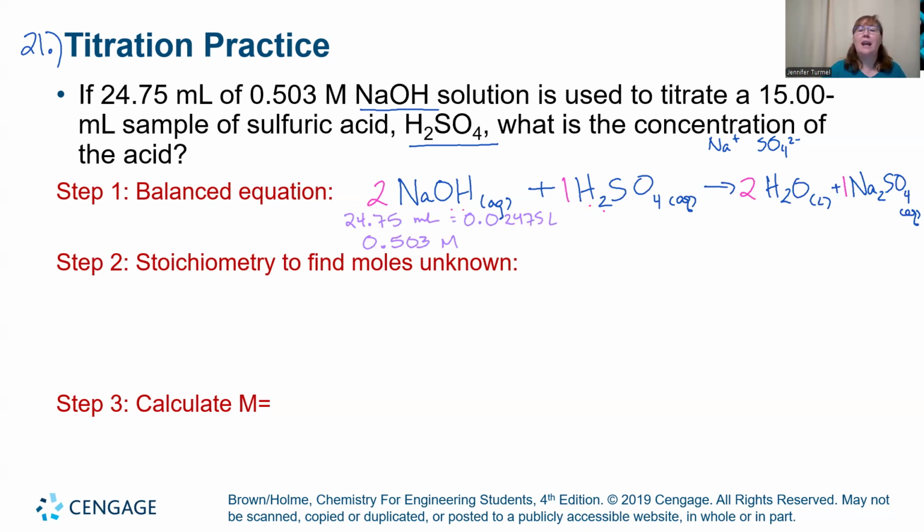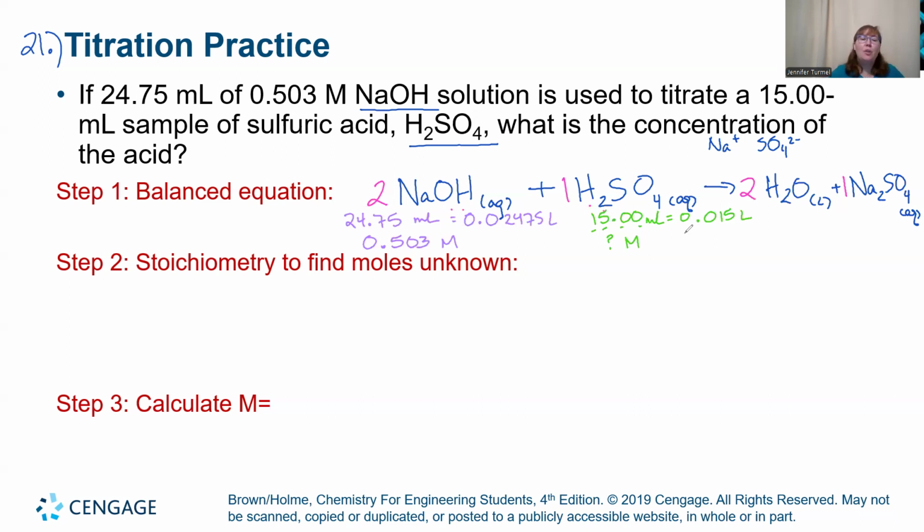The problem tells me that I have a 15 milliliter sample of my sulfuric acid, which I know from my previous slide of conversions gets me to 0.015 liters. And so I only have two significant figures here. No, sorry, there were four here: 1, 2, 3, 4. So we have four significant figures. And I want to know basically what the concentration of this is. So that's going to be the unknown there.